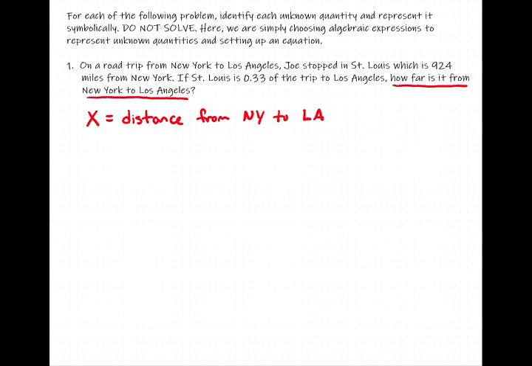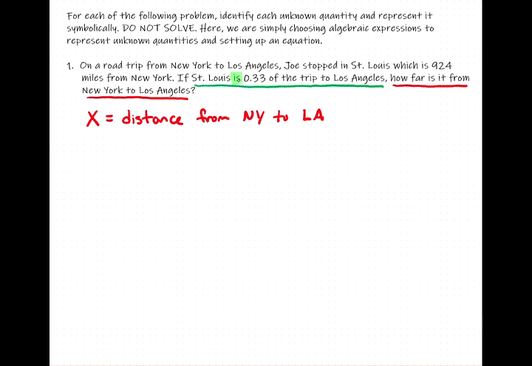So when I look at this sentence right here, St. Louis is 0.33 of the trip to Los Angeles, to me, that sounds like a mathematical equation, because when you see the word "is" followed by a number, that translates to an equal sign. Is means equals.